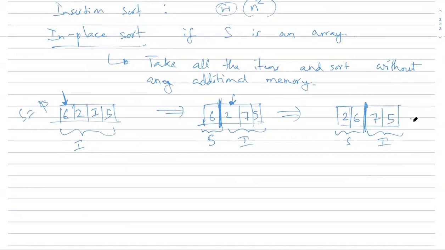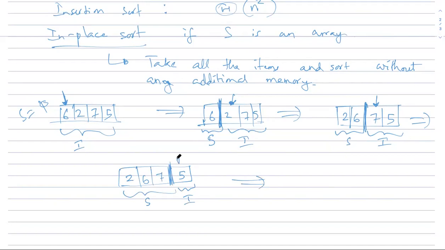And then from here, the next item is 7. You can see that it needs to find the right position within this. So now the partition is here. So this is 5. So it found 2, 6, 7. This is the sorted part, and this is the unsorted part.